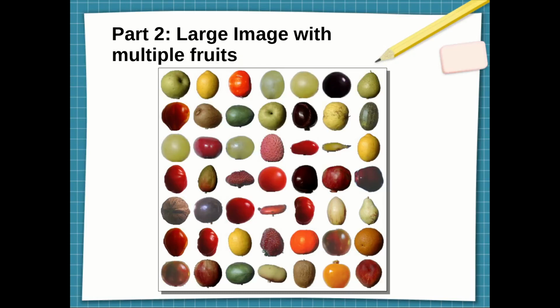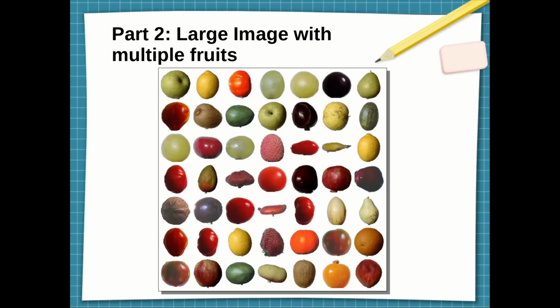But I was not able to find a similar dataset for fruits. So I decided to scrap the idea of using Mask RCNN. Instead, I'm using something else that I'll explain later.